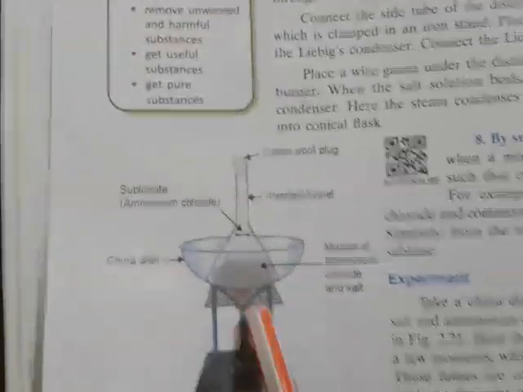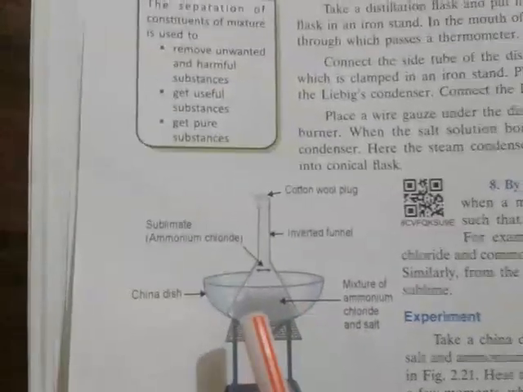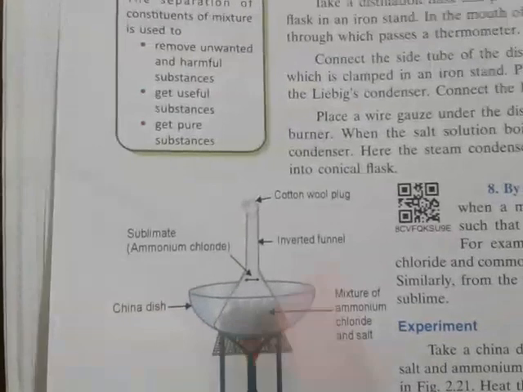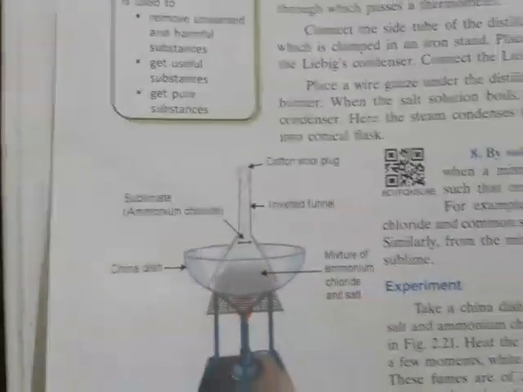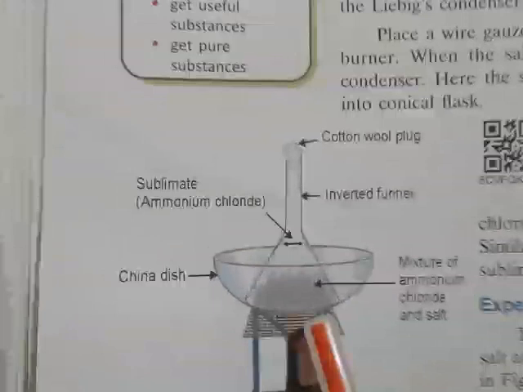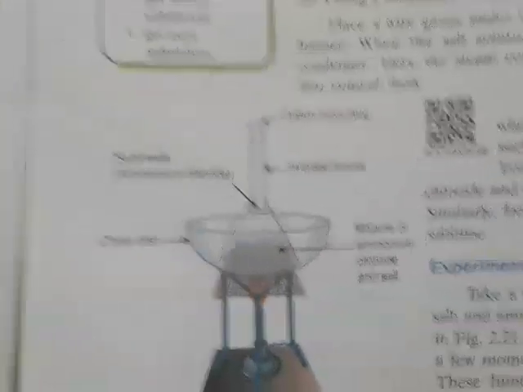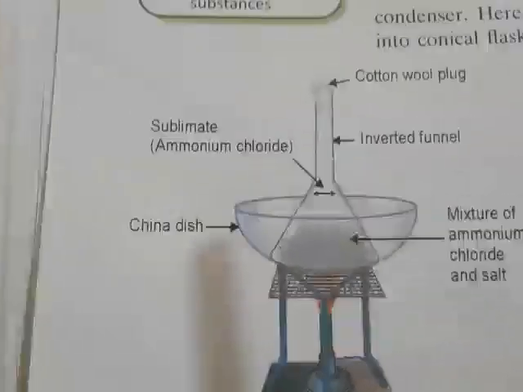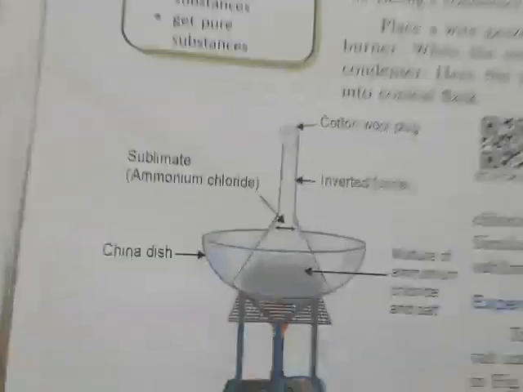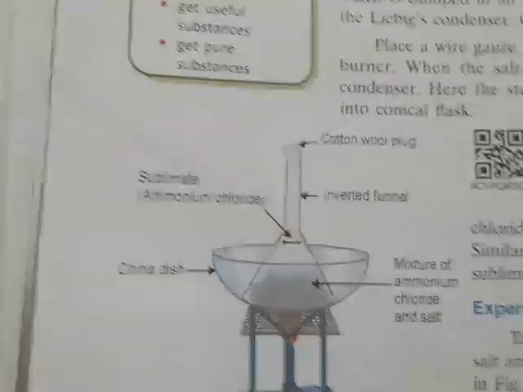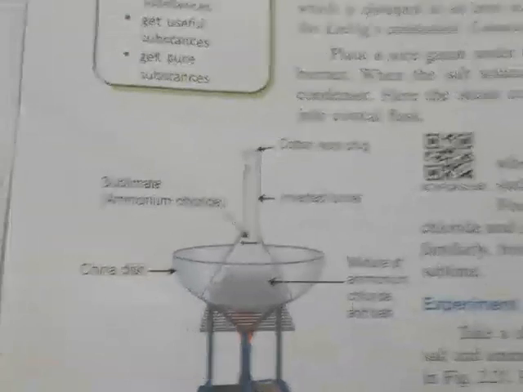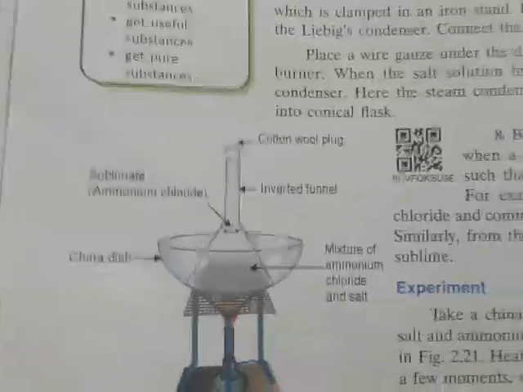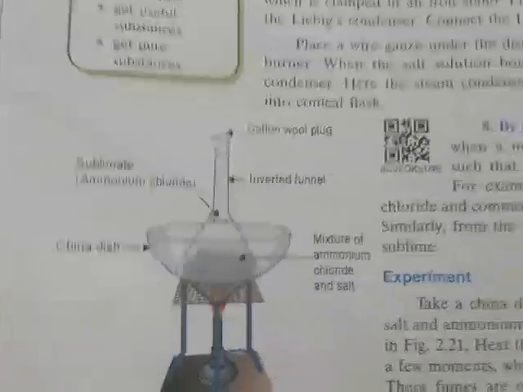Ammonium chloride and sodium chloride are very similar to see, both white in color, and when you mix them the whole thing will be white. You cannot separate them visually, though ammonium chloride has a pungent smell. It is very difficult to separate them by hand or any other process. So this is the perfect procedure, your sublimation technique.